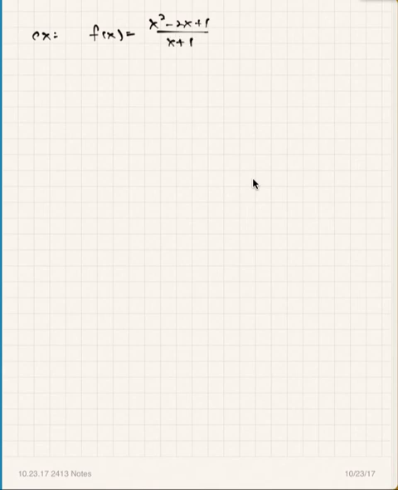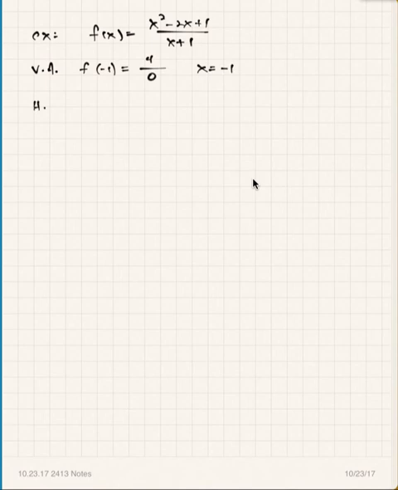First of all, as far as vertical asymptotes, f of negative 1 gives us 0 in the denominator, and in the numerator you get 1 plus 2 plus 1, you get 4. And so you definitely do have a vertical asymptote at x equals negative 1.